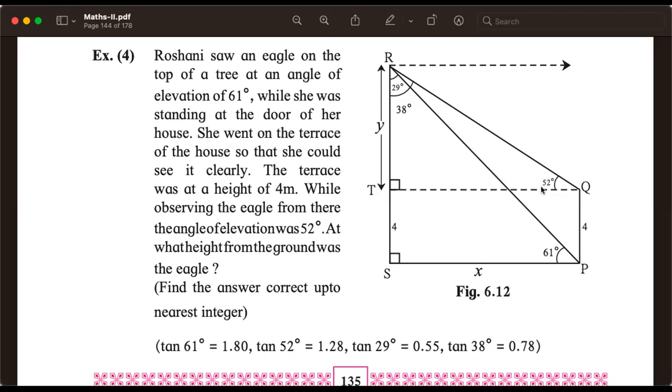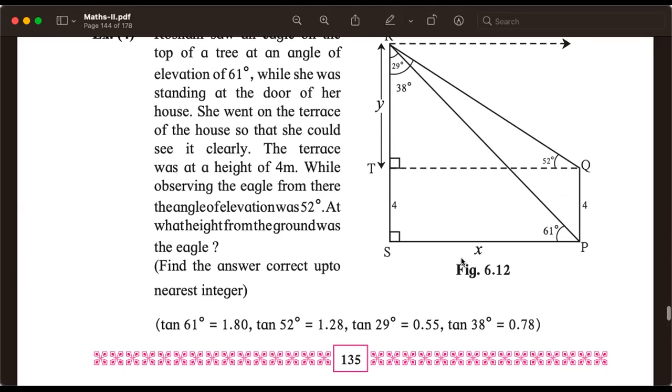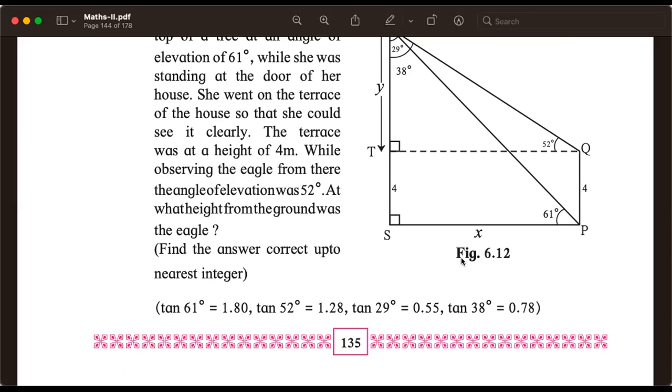So once again we have two right angle triangles, one is QRT, another one is PRS. No need to worry about how to do it, 61, 52, everything is given. tan 61 is 1.8, tan 52 is 1.28, tan 29 degree is 0.55, tan 38 degree is 0.78.